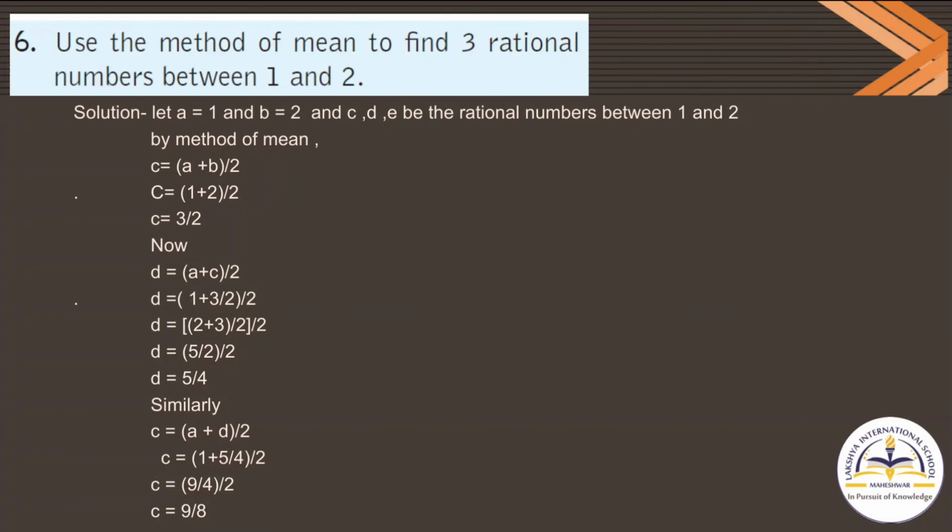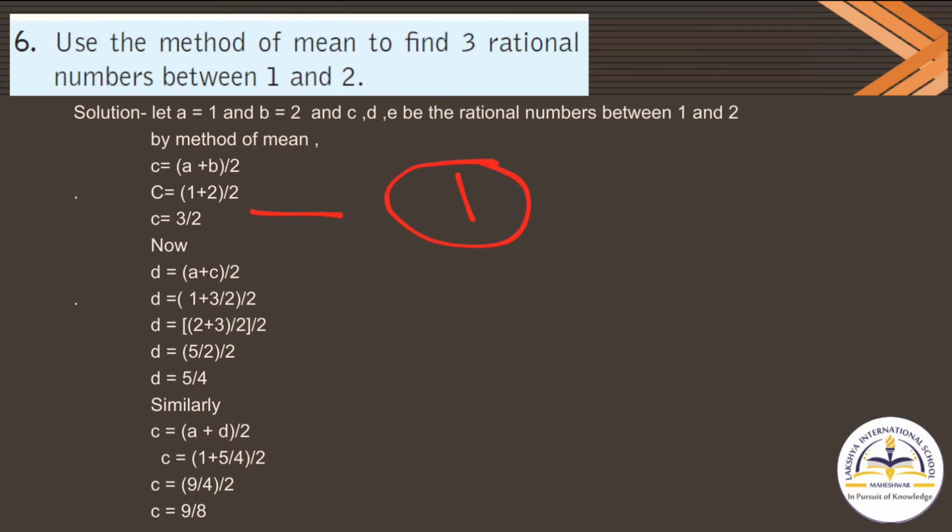So the value of A is 1. Now the value of B is 2. So (1 plus 2) divided by 2, you will get 3/2. This is our first rational number. Now D equals (A plus C) divided by 2. This is our formula.